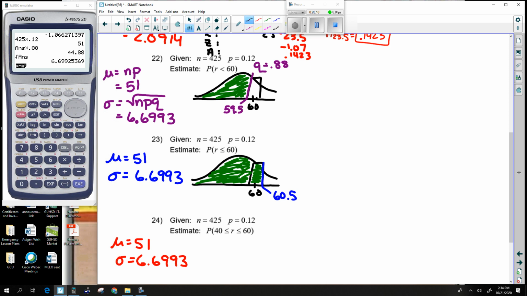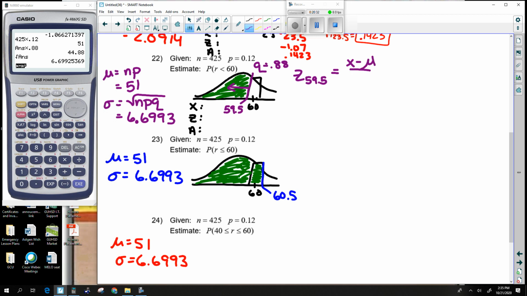So let's go to 22. X, Z, area. Okay, so we have the X, we need to find the area. And when I find this area, it'll be the area to the left, which is exactly what I want. So I don't have to subtract it from 1. It is what it is. So here we go.